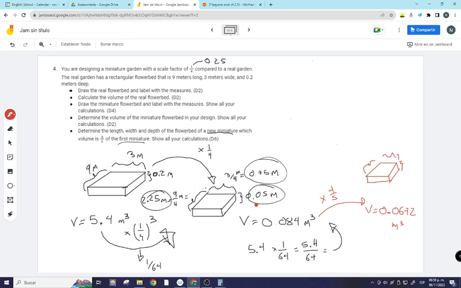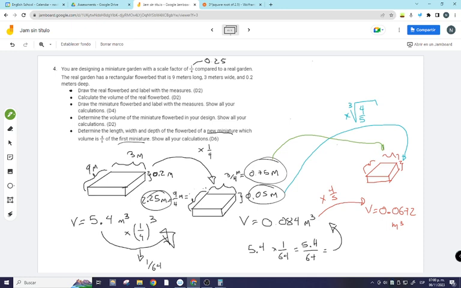Basically what we do is taking the measures of the first miniature, these three that we have circled, and multiplying them by the scale factor, but be careful. This is the scale factor of the volume. So whenever you want to find the length, we have to do it with the cubic root of the scale factor, cubic root of 4/5 or cubic root of 0.8. That's the same for all of it.